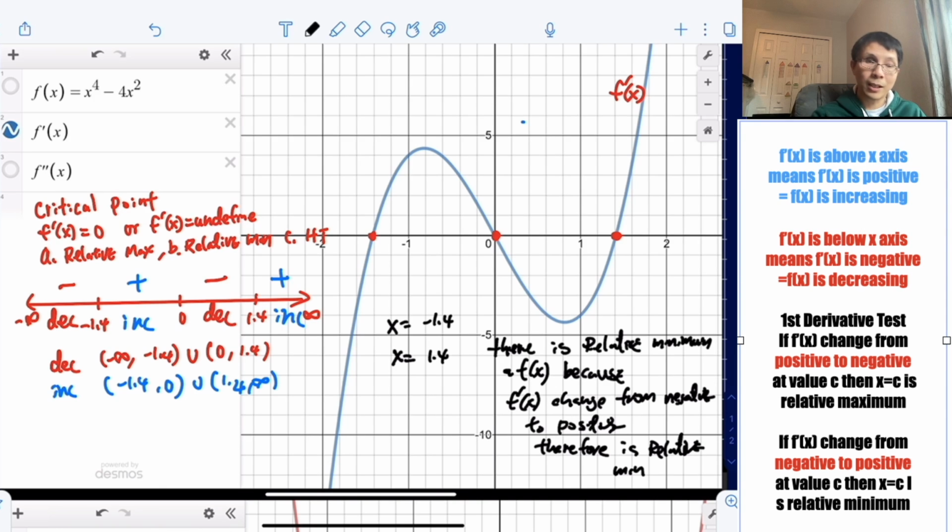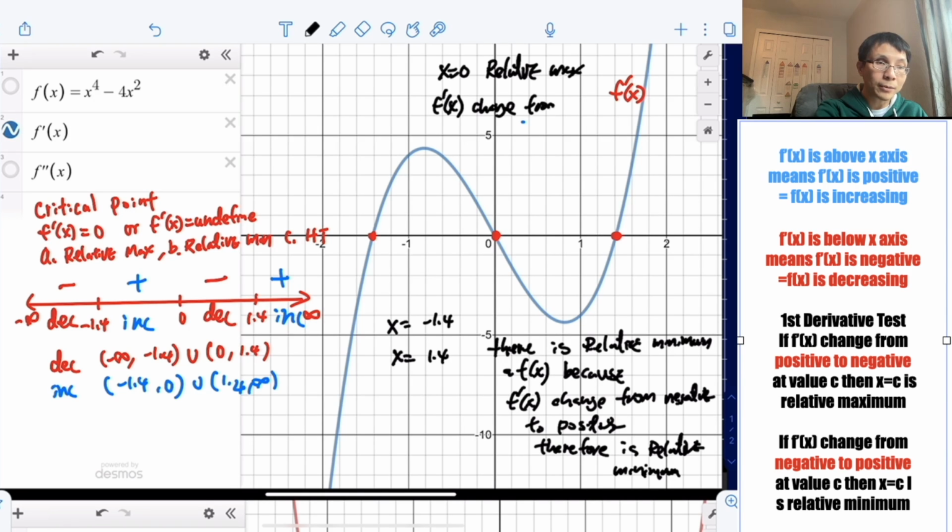And you can make the same argument: x equal to 0 is a relative max, because f prime of x changes from positive to negative.